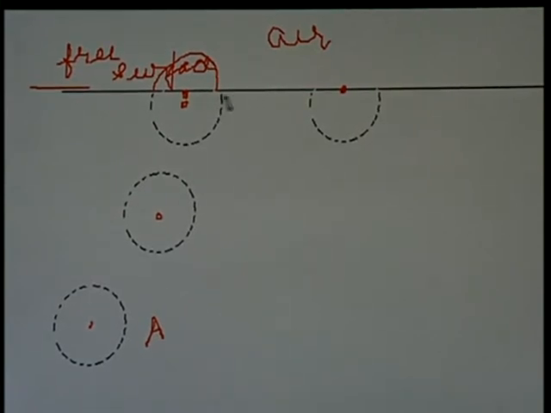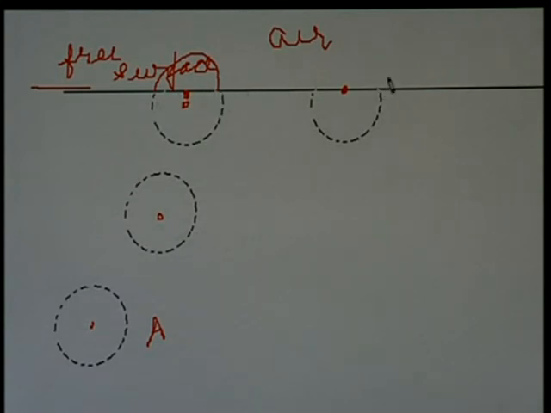It means that the top layer is subjected to some kind of stress, or these molecules which are forming this free surface are said to have some surface energy, or free surface energy, or potential energy. And in nature we know that everything wants to go for minimum energy.